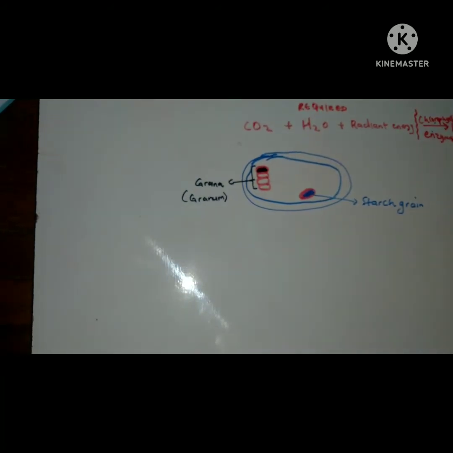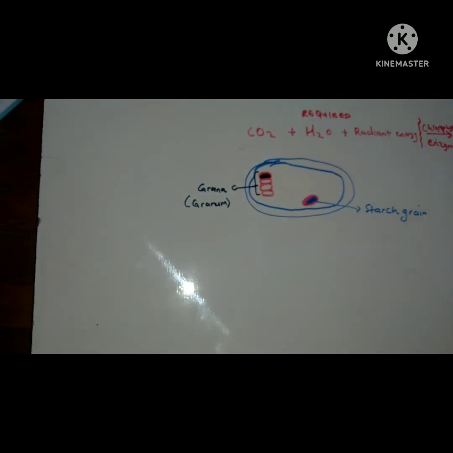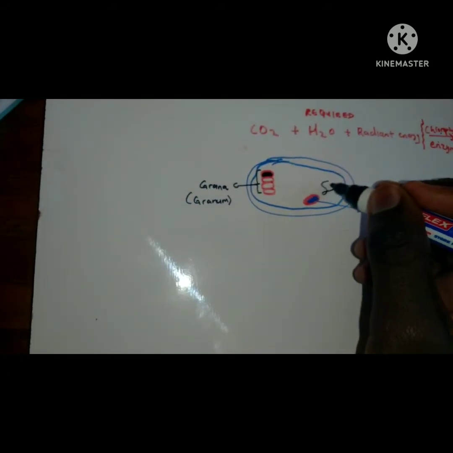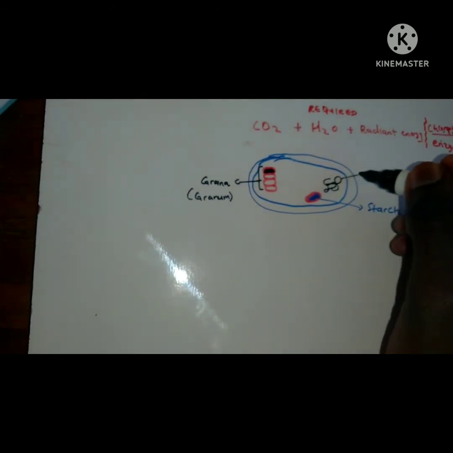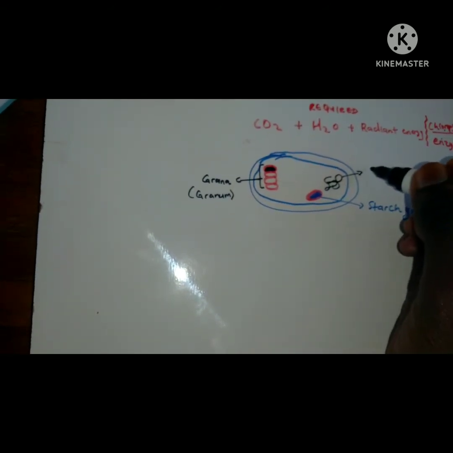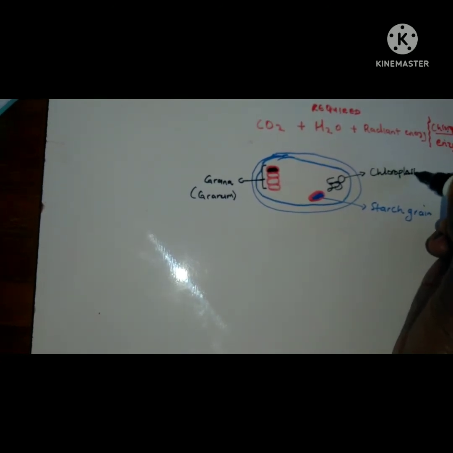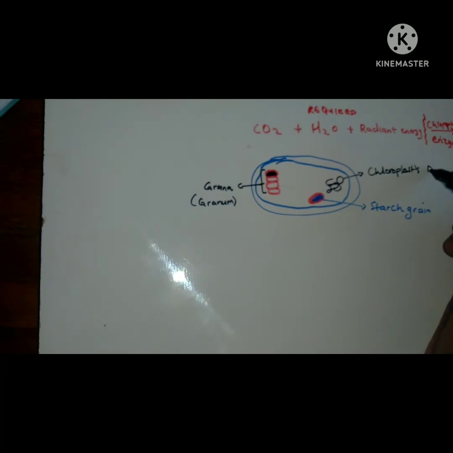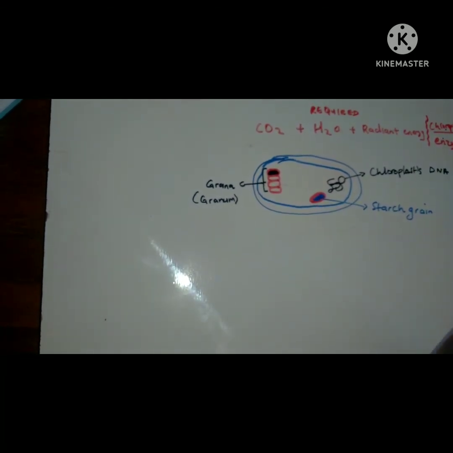So we have also a chloroplast DNA. DNA is represented in many shapes. So this is the chloroplast DNA. Right.